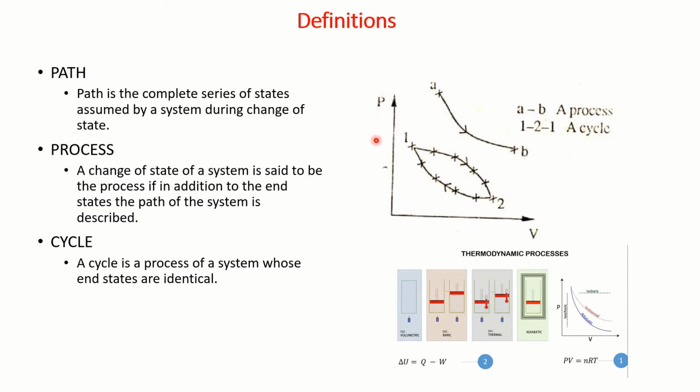Now, if I can measure the pressure and volume of the new state, I can mark this. Maybe I make some changes in the system. If I again measure the new pressure value and volume value, I can mark this. Only if there is an equilibrium state can I measure this pressure and volume. And again, if there is another equilibrium state, then only I can measure. So I can mark these equilibrium states. Each one of them is in thermodynamic equilibrium, we say.